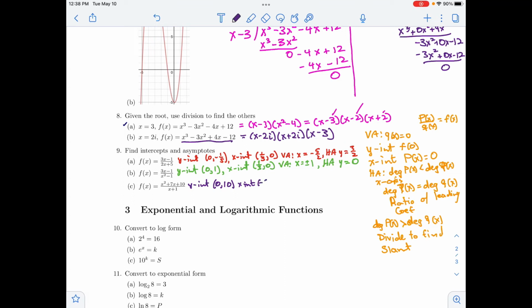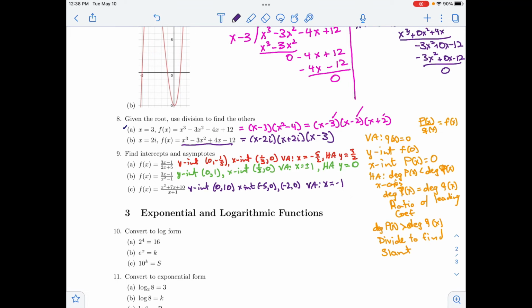So negative 5, 0, negative 2, 0. Okay. Vertical asymptote, x equals negative 1. Now, notice the degree on the top is bigger than the degree on the bottom, so I need to divide to get the slant asymptote.